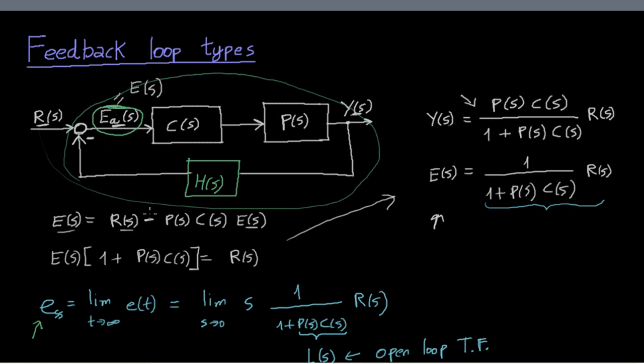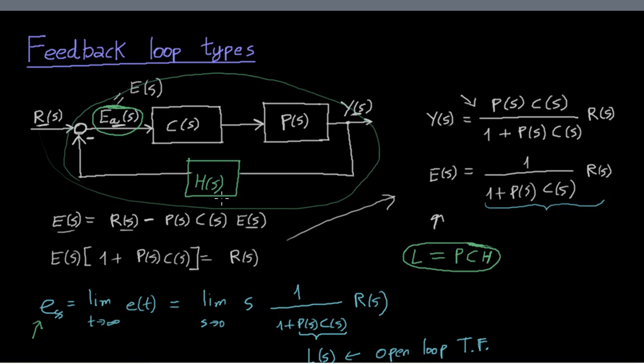So the acting error, for example, under a step input of a system type 1 will be 0. By the way, when we include this, then the open loop transfer function is P times C times H. This is the definition of the open loop transfer function.